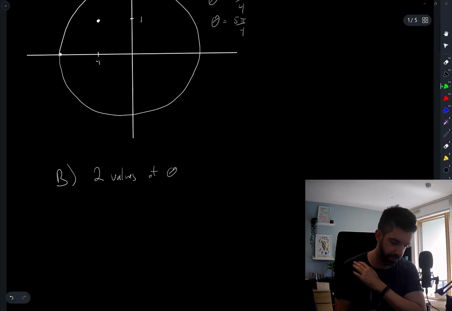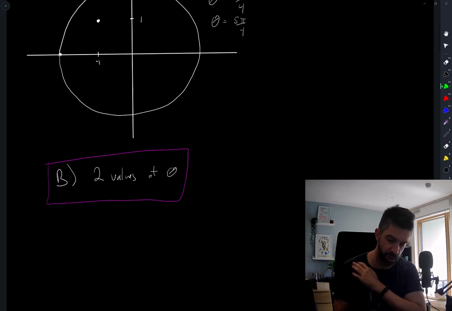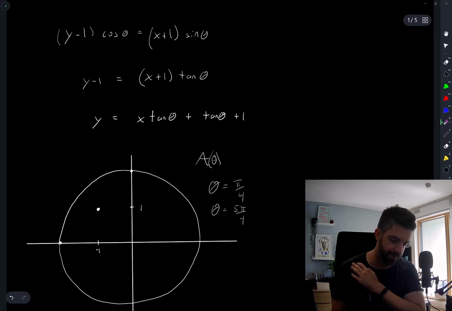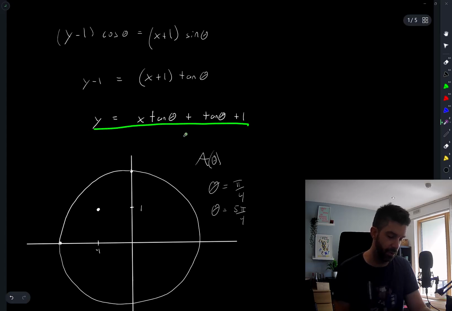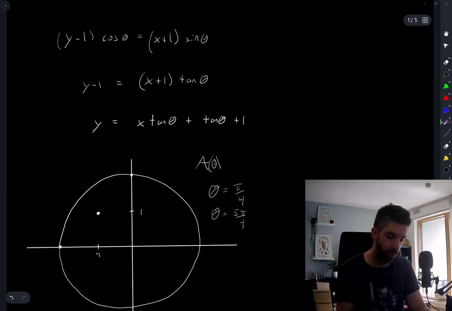Okay, so this was figured out just by looking at the geometry of the problem. Rearranging into this form was maybe not the best thing to do, but I did a little bit of a backtrack in my mind. I realized that we can only write it in this form when cosine of theta is not equal to 0. Then I started thinking, what if cosine theta is equal to 0? Then of course we must have x is equal to negative 1.